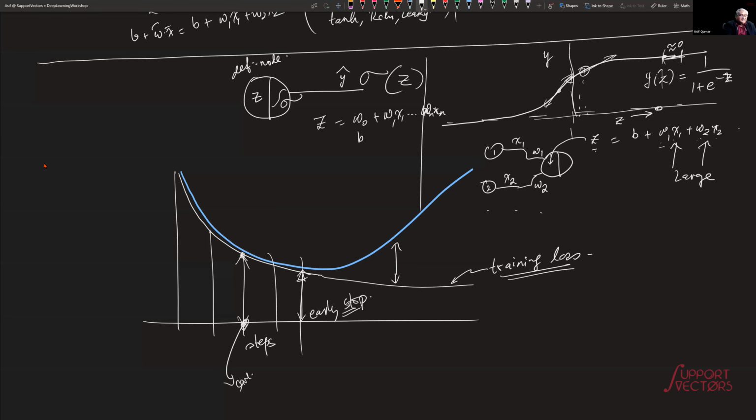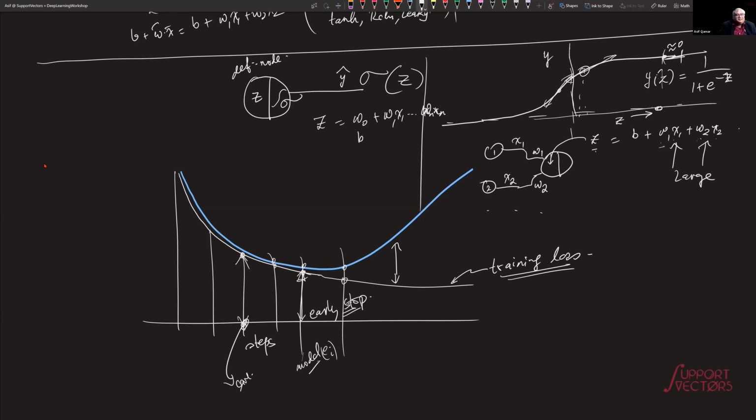Then you do one more epoch, and you realize that you should have stopped earlier. Whatever model you saved there was your best model. You don't want to go further, and it's time to abort the moment you see the gap increasing again.